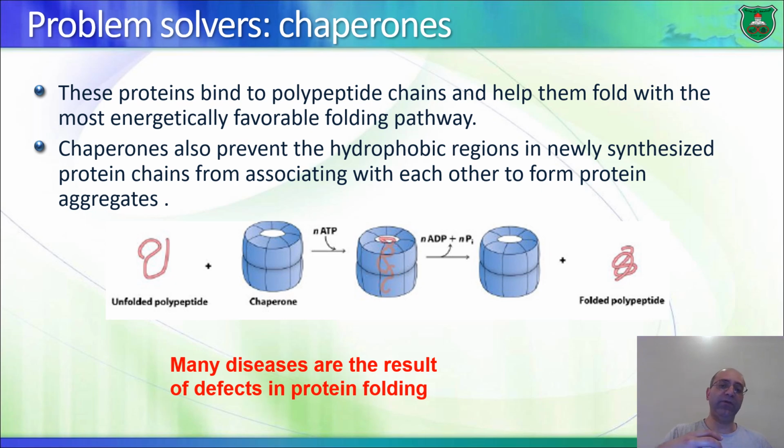They take proteins and start putting groups together near each other, especially hydrophobic regions, because once a protein is synthesized and comes out of ribosomes, hydrophobic regions tend to associate with each other, trying to hide from water. So what chaperones do is that they take these proteins and say, no, you hydrophobic region, I want you to be next to this hydrophobic region, not the one that appears after you.